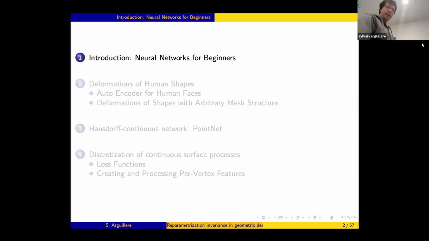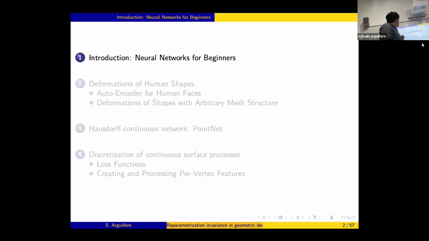Okay. So basically, it's going to go like this. First, a quick introduction on neural networks. I'm not a specialist of neural networks, and I don't know who knows about them and exactly how it's done. In my team in Lille, no one really does them, so it's usually useful to have a quick recap.